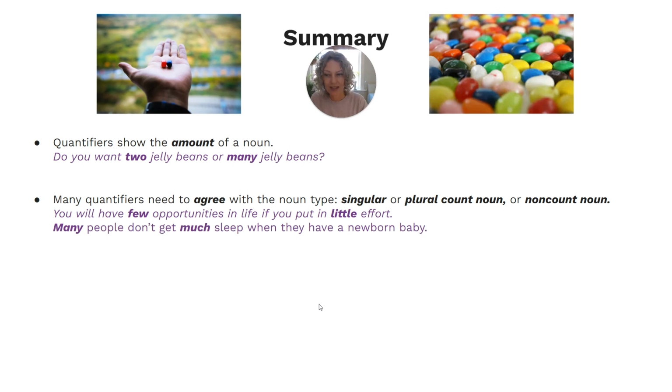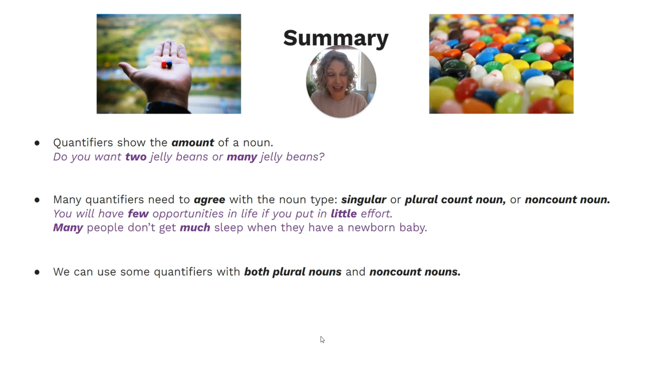small amount. And many people don't get much sleep when they have a newborn baby. Many is for plural count nouns when you want to show a large quantity. And much is for non-count nouns when you want to show a large quantity. We can use some quantifiers with both plural nouns and non-count nouns, as in, he received a lot of answers, but not a lot of the information was helpful.